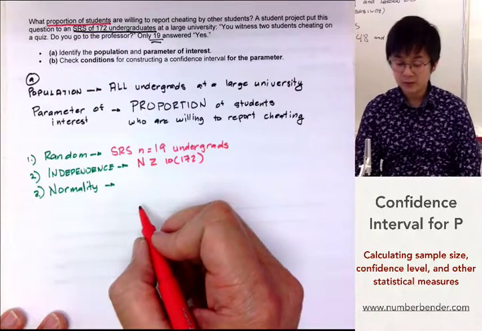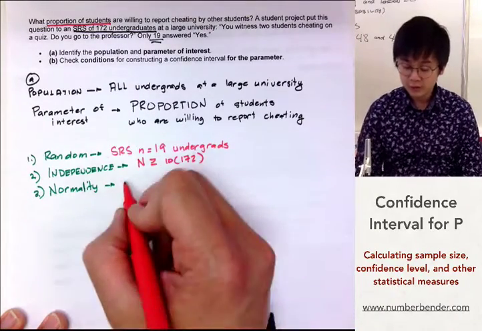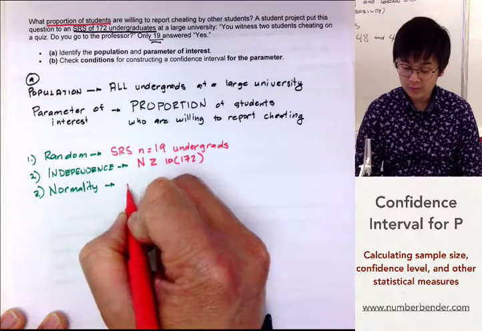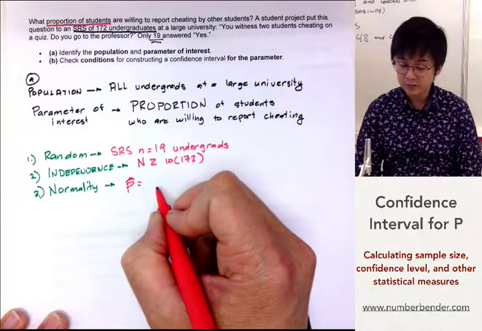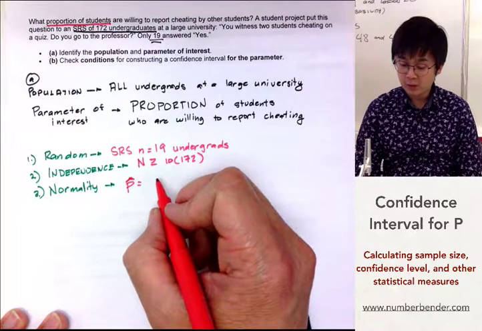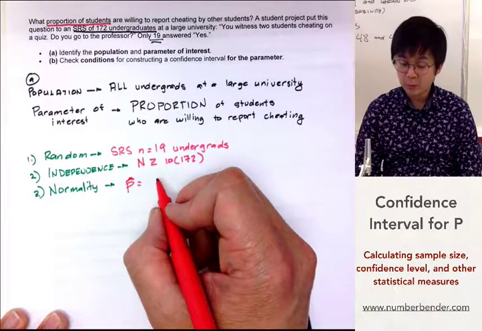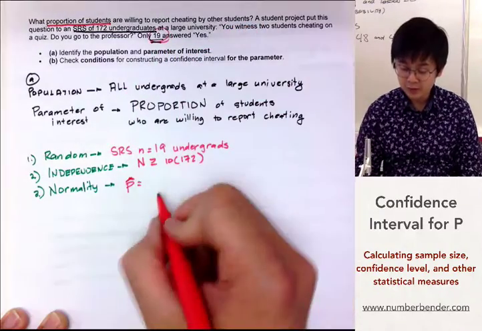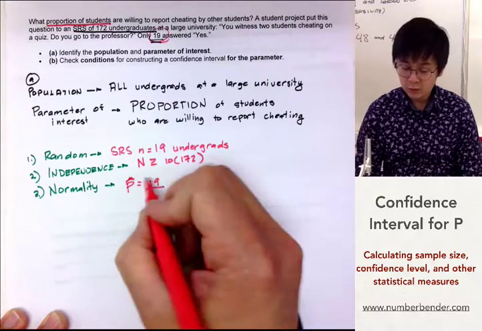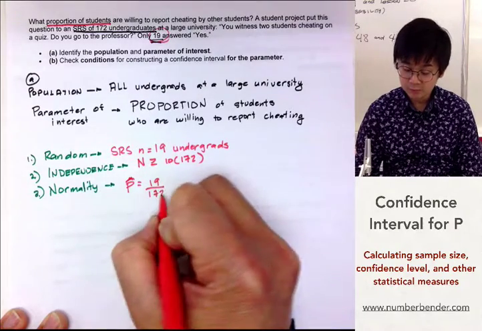Normality, however, needs a little bit of computation, so we need to show what p hat is first. And p hat would be the proportion of the undergraduates who are willing to report cheating. And in this case, 19 of them answered yes, all over the sample of 172.